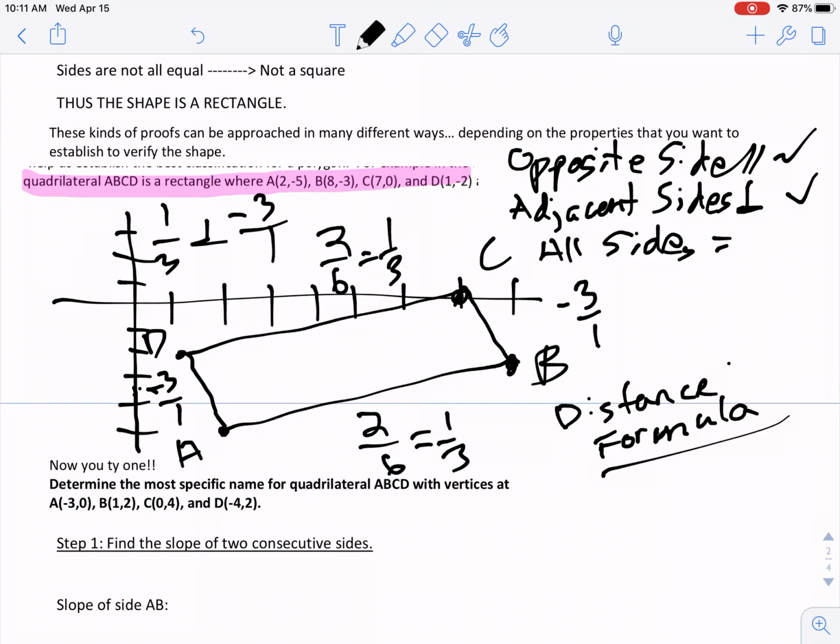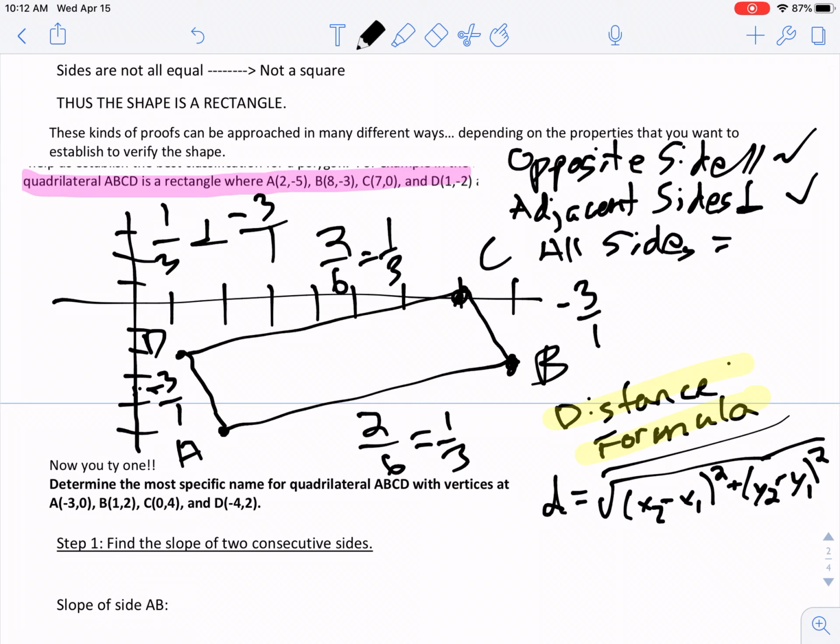Distance formula is just distance equals the square root of x2 minus x1 squared plus y2 minus y1 squared. And we just plug it in there and we see what we get.